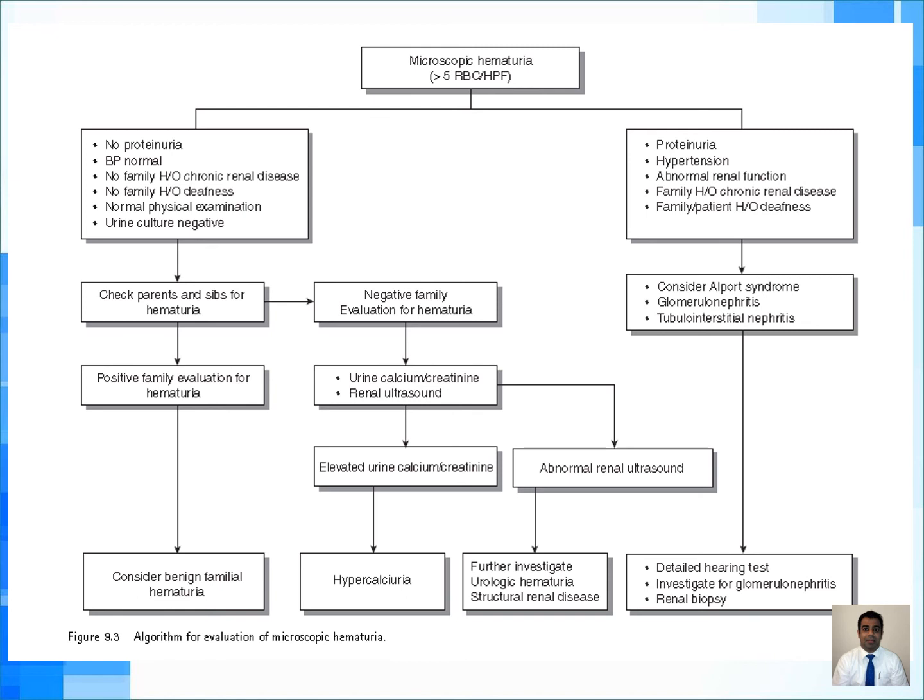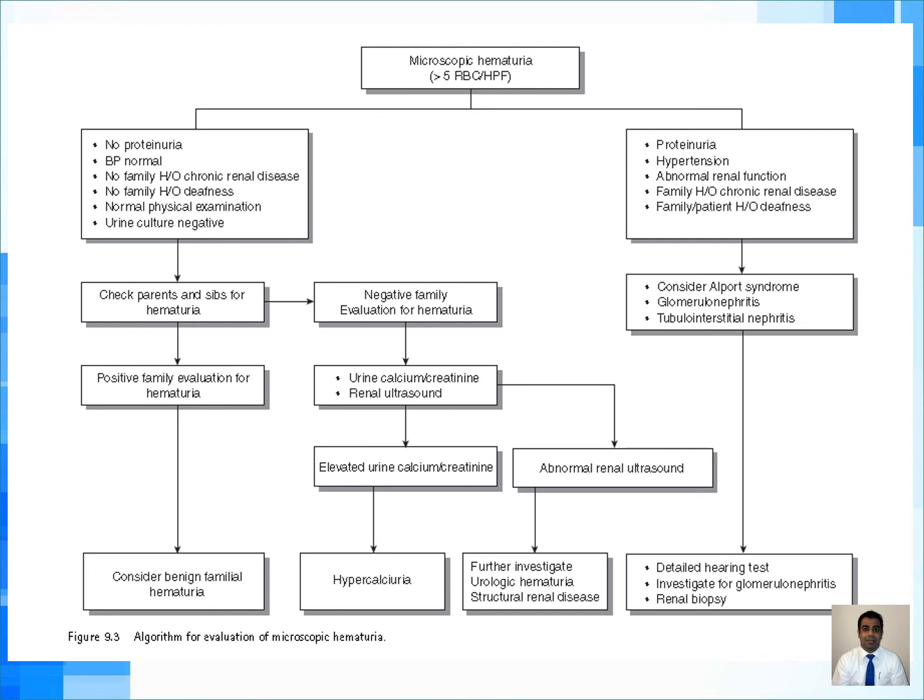But you do need to follow these patients up regularly, because the isolated microscopic hematuria can change and these patients can develop proteinuria, hypertension, and at that point, if they do develop proteinuria or hypertension or derangement in renal functions, at that time you need to do a biopsy and look for the definitive cause.